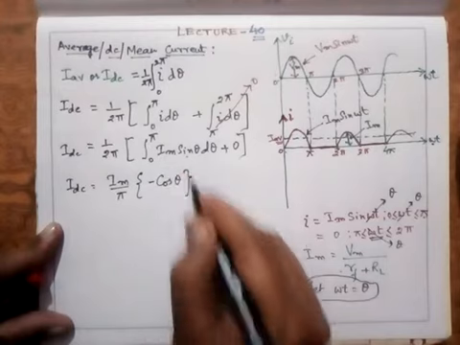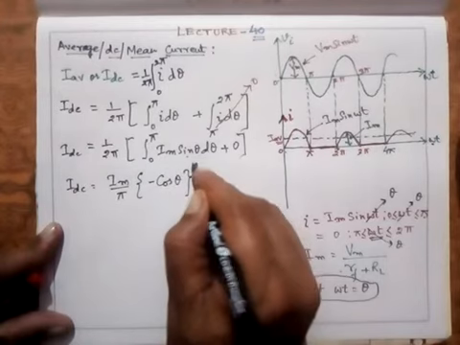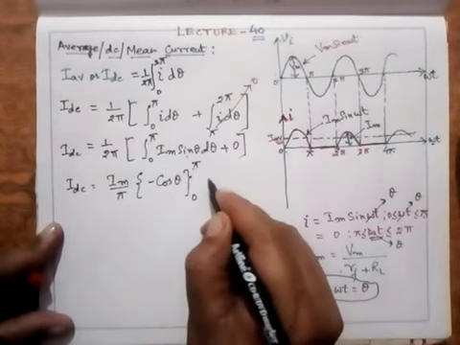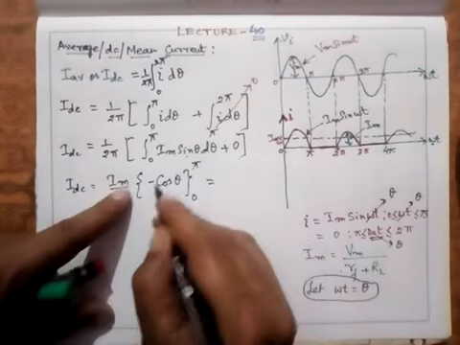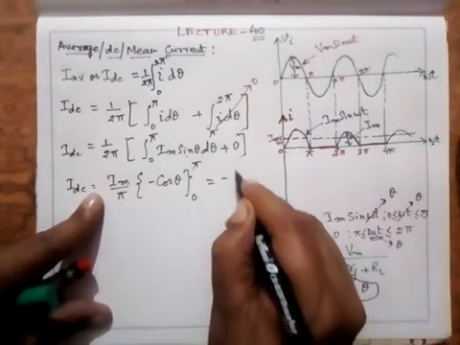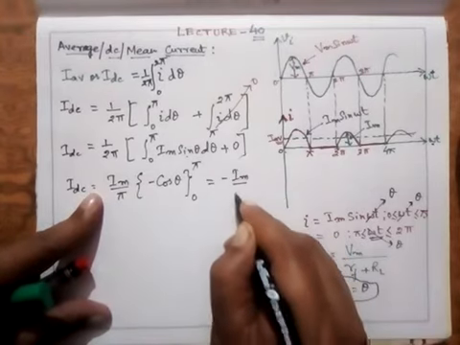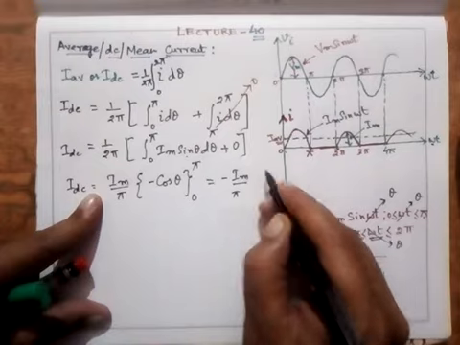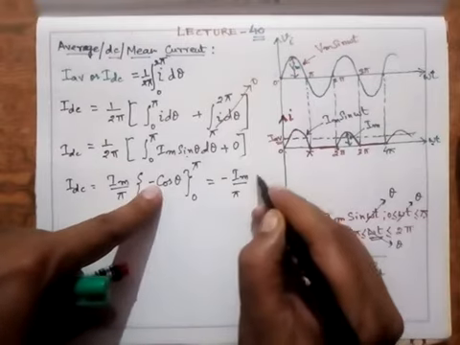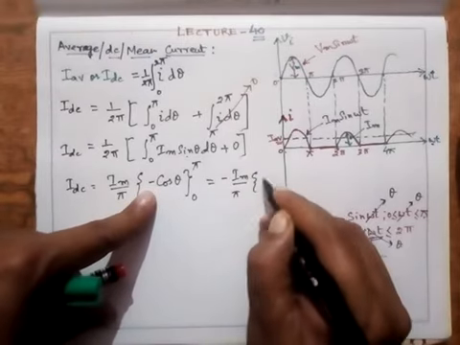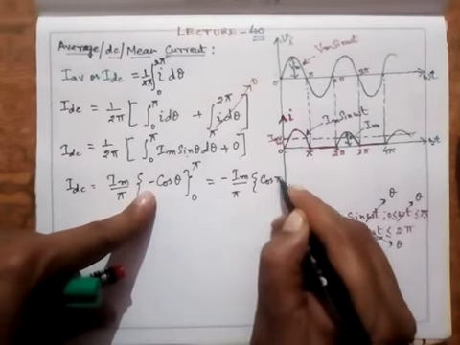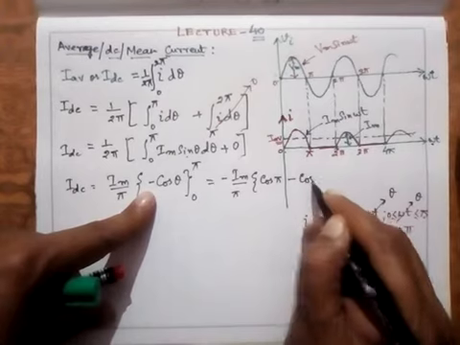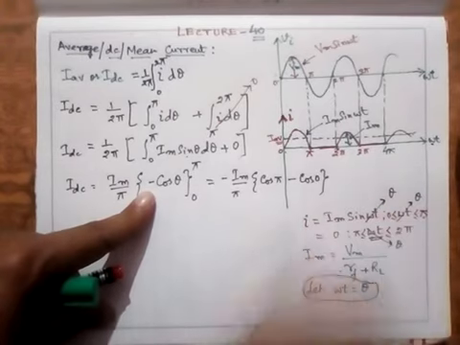The limits are from 0 to pi. I take this minus sign common here, so it is minus I m by pi, and of course this factor will be cos pi minus cos 0.